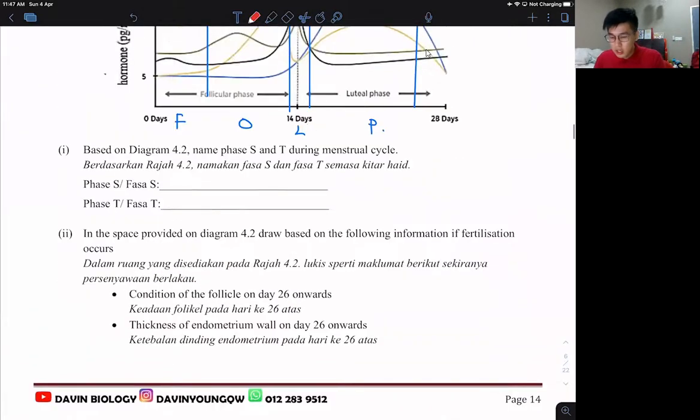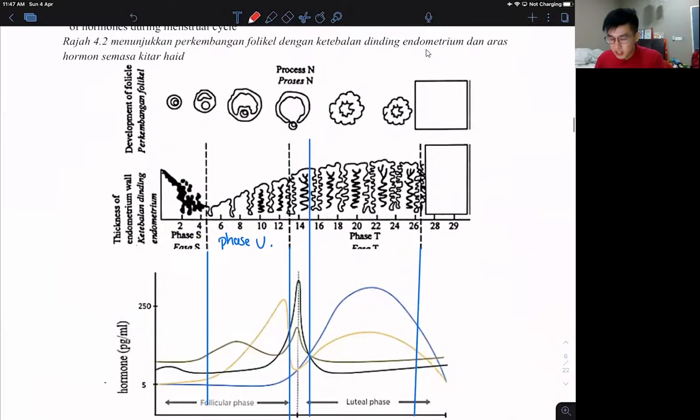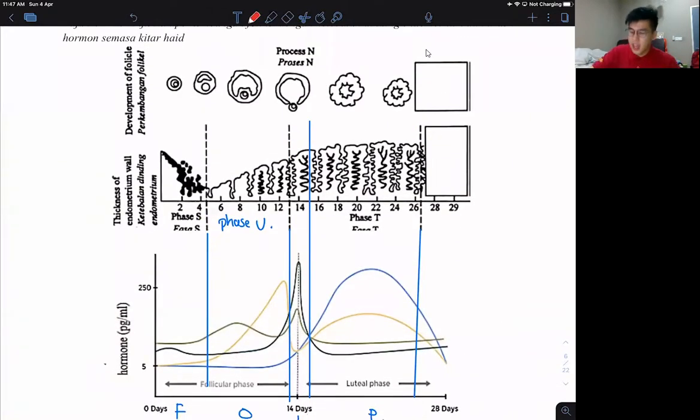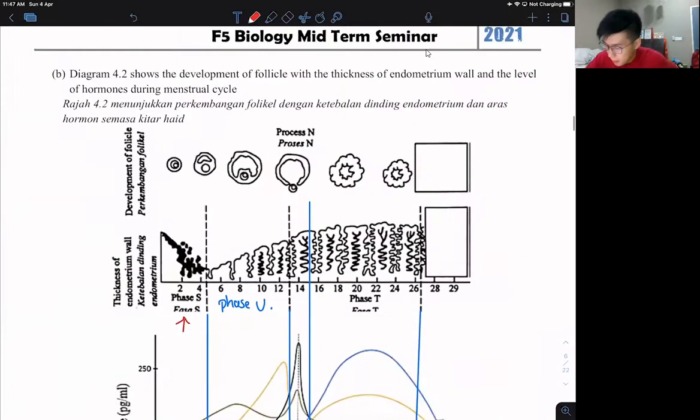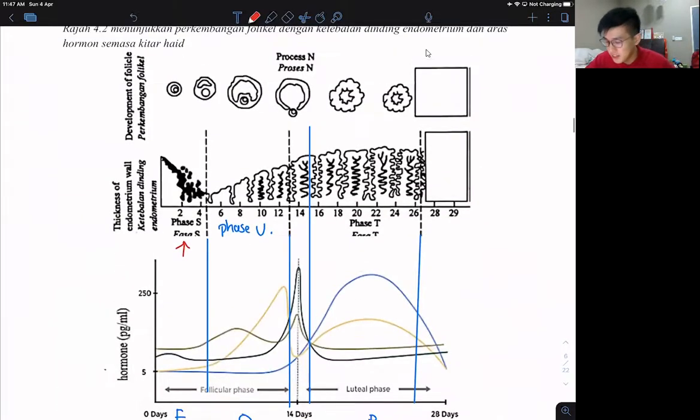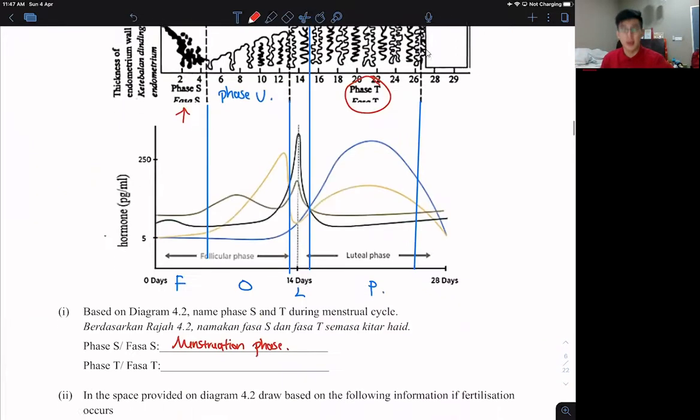So, name phase S and T. Okay, phase S and T. S, the first phase, is menstruation, yes, the menstruation phase. Phase T, that's the last phase, right before menstruation. So this is pre-PMS.